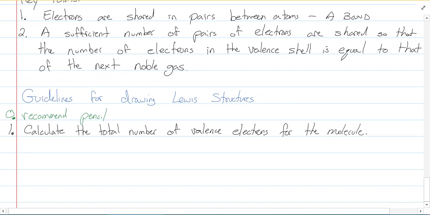Step 2, we write the correct skeletal structure for the molecule.